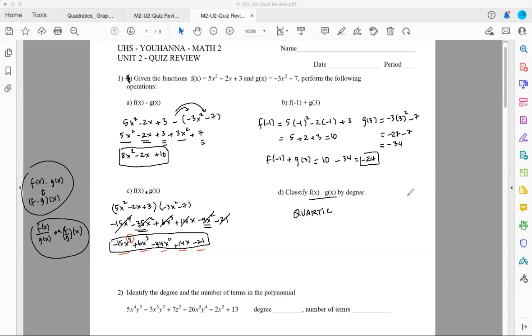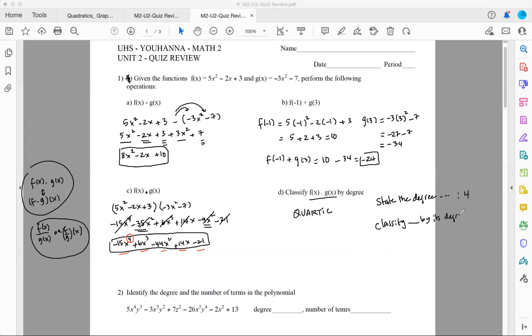Now just pay attention for a sec here. If I were to say state the degree, you would just say 4. The degree is 4. But when I say classify, that says classify by the degree.